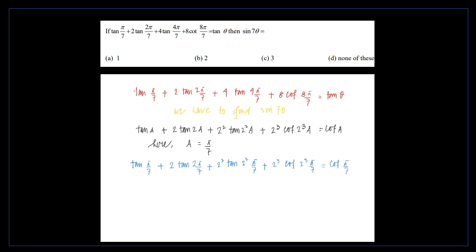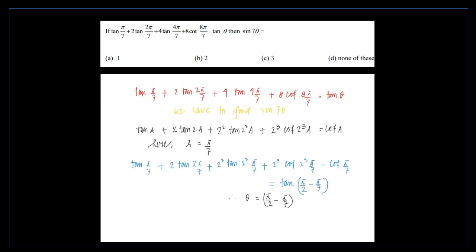But we have to express it in terms of tan. So we can do that. We can write this one as tan of pi by 2 minus pi by 7. So this is our theta. Therefore theta equals pi by 2 minus pi by 7.